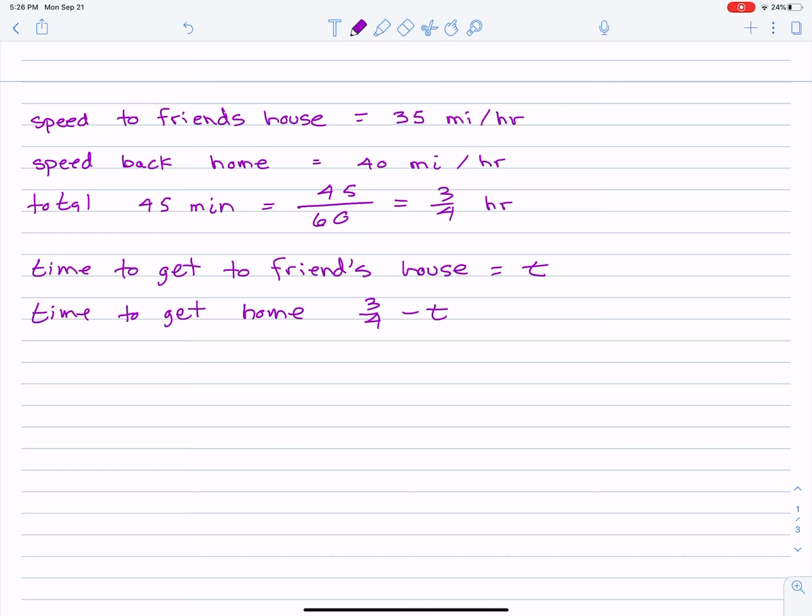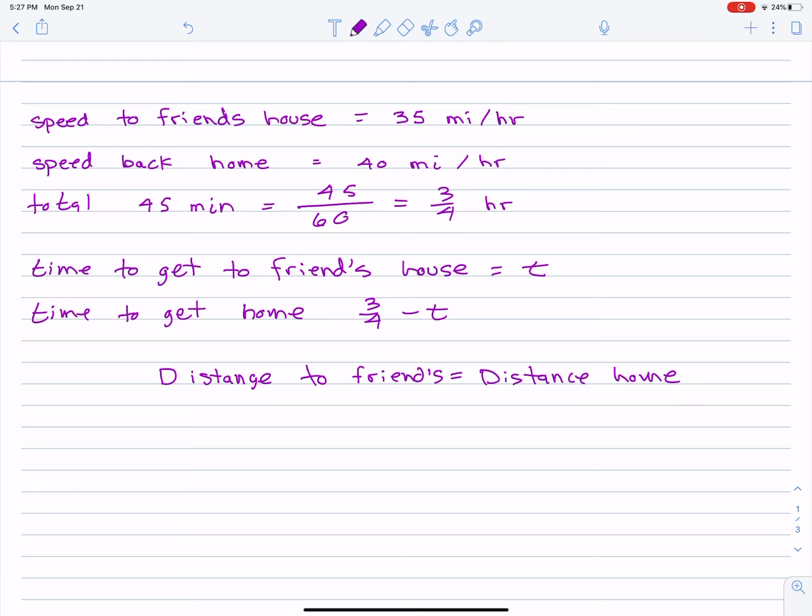Now what we want to do is come up with an equation. The one thing we know is that the distance to the friend's house and the distance back are the same. So I want to say distance to friend's equals distance home, right? Those distances have to be the same. Well, distance equals rate times time.